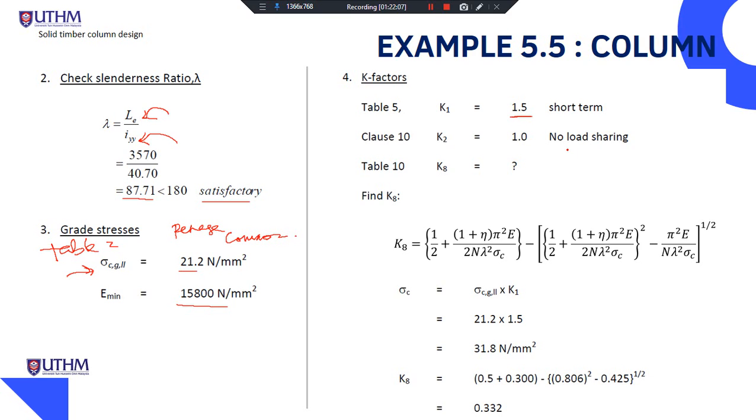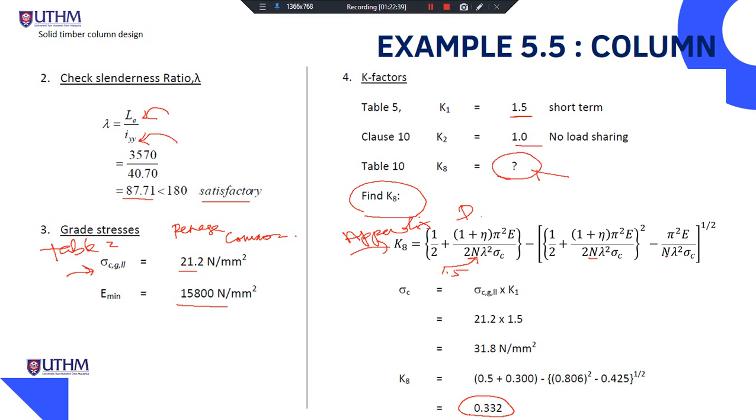And K2, no load sharing, is equal to 1, and you need to calculate KH. Based on the equation in appendix D, we finally get our KH equal to 0.332. Here n is the reduction factor equal to 1.5.